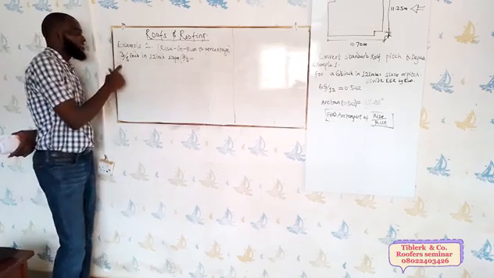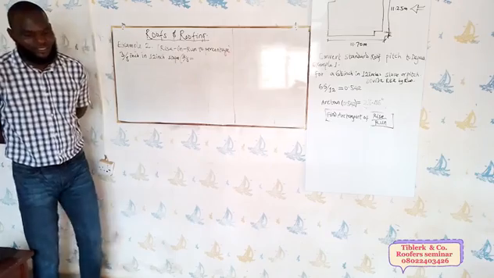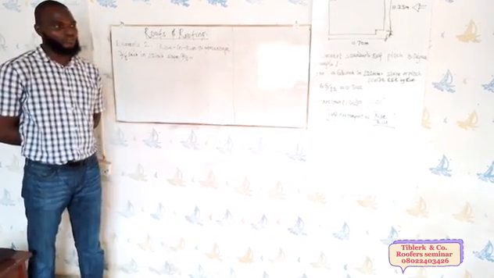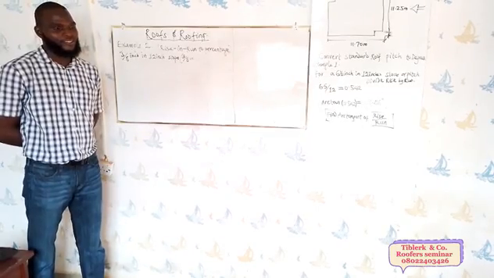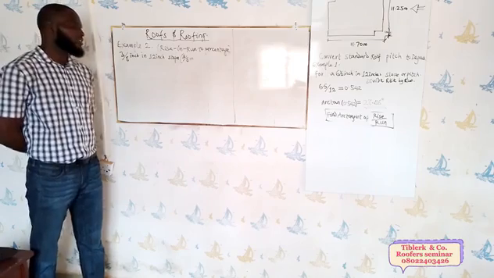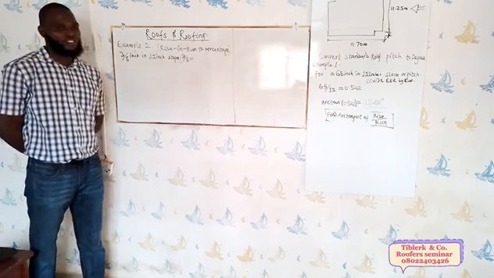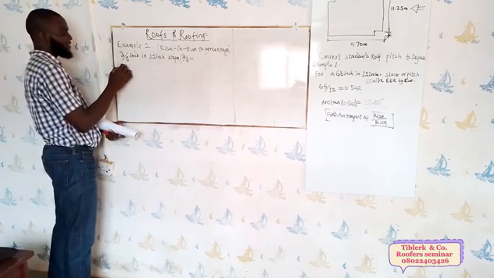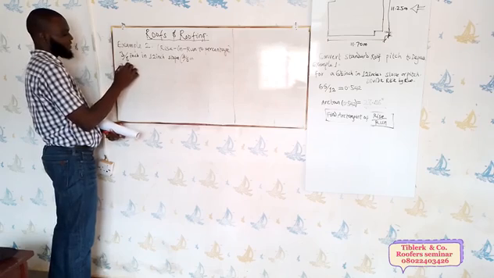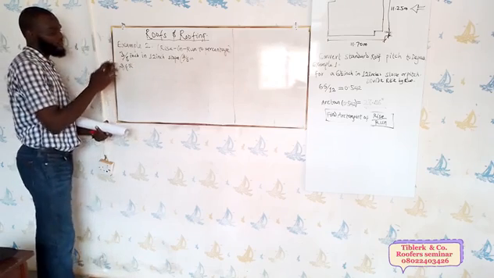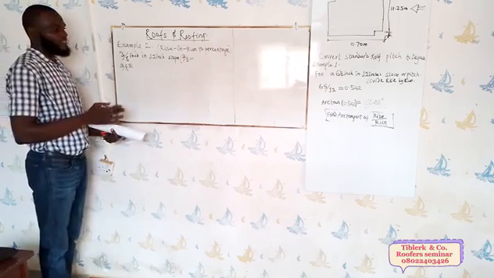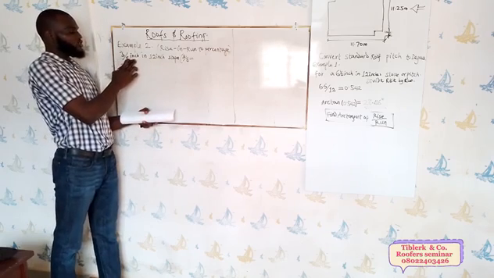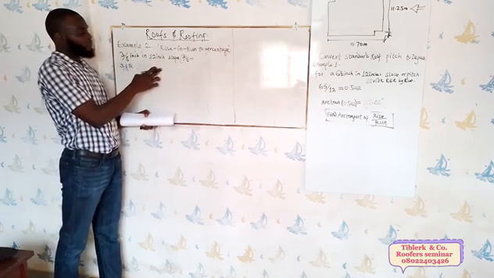This 3/8 is pronounced as three-eighths, and when we are referring to inches, you say three-eighths of an inch. So for us to convert this, we are given 3/8 inch in a 12-inch slope.